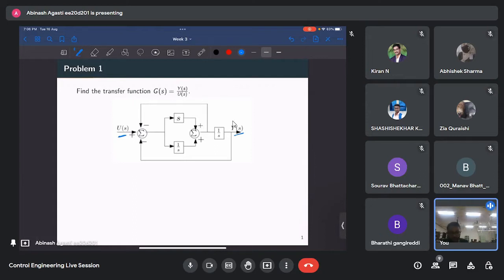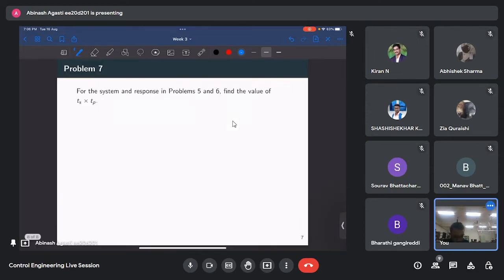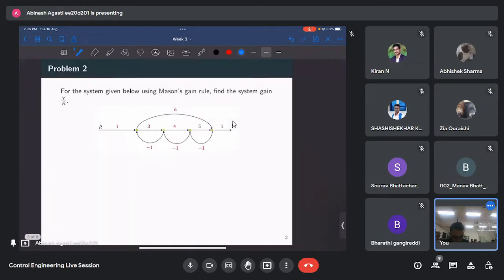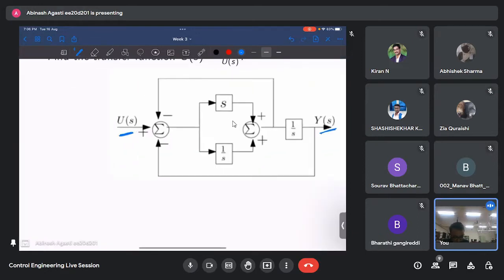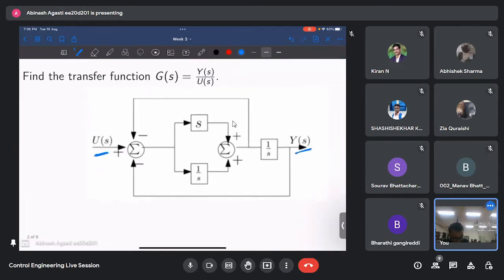So when we see this question, first we can see that at this summation node, one input is the input to the system. So that part is clear.